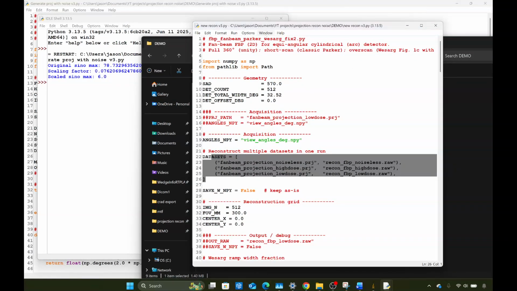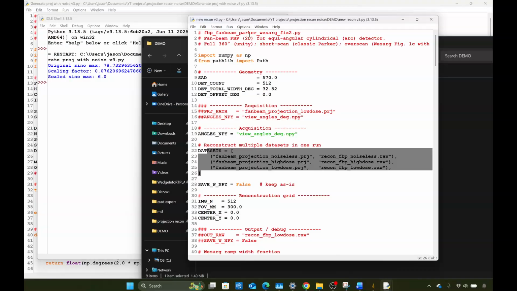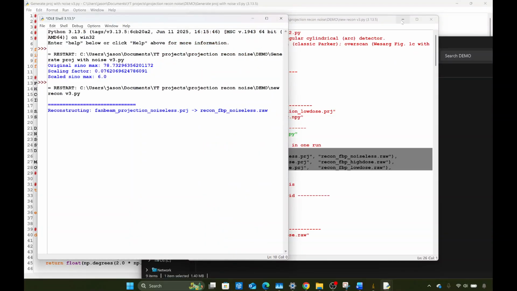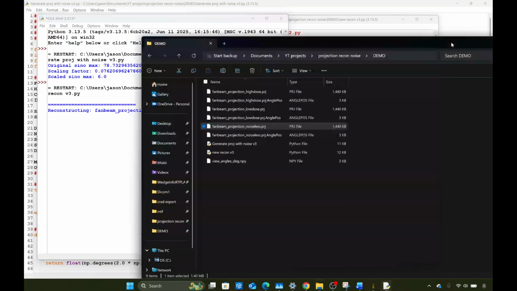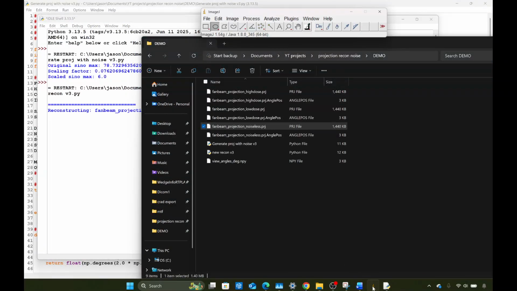And this code I have also demonstrated in my other CT physics video, and I will also link it in the description below. So now let's get the reconstruction going, and we can take a look at the generated projections using ImageJ.